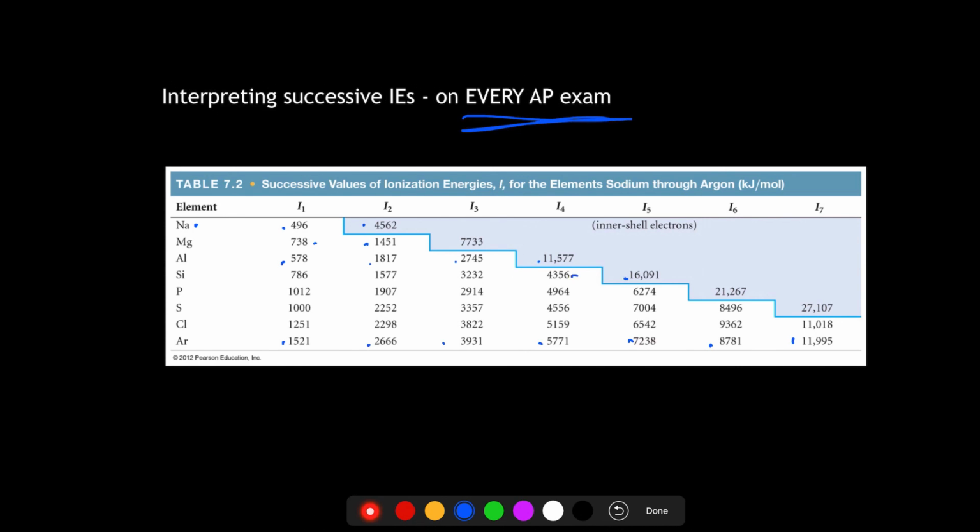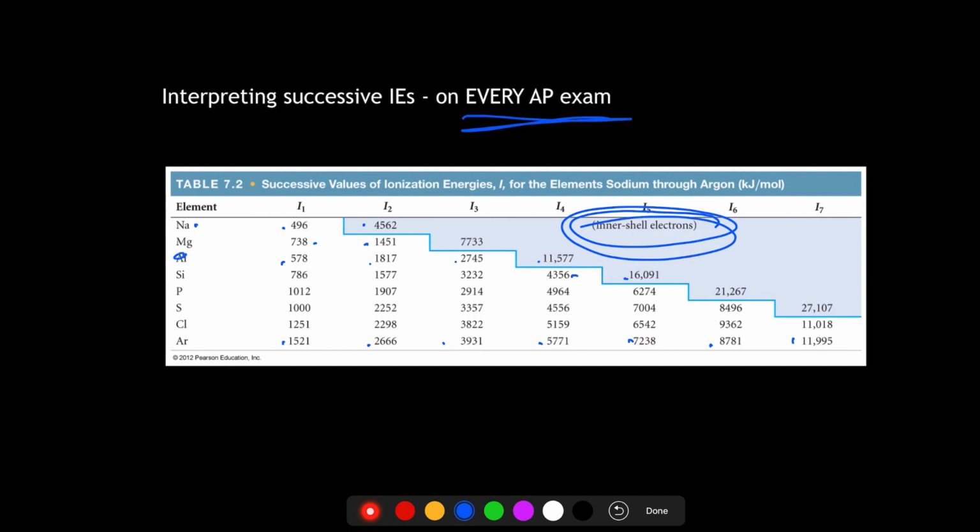Anytime we see a jump that is several orders of magnitude, that says something about that electron. That electron costs more energy because it experiences a significantly stronger attraction to the nucleus, which can be explained by the fact that it is one shell closer to the nucleus, which means that's when we start to remove our core electrons.